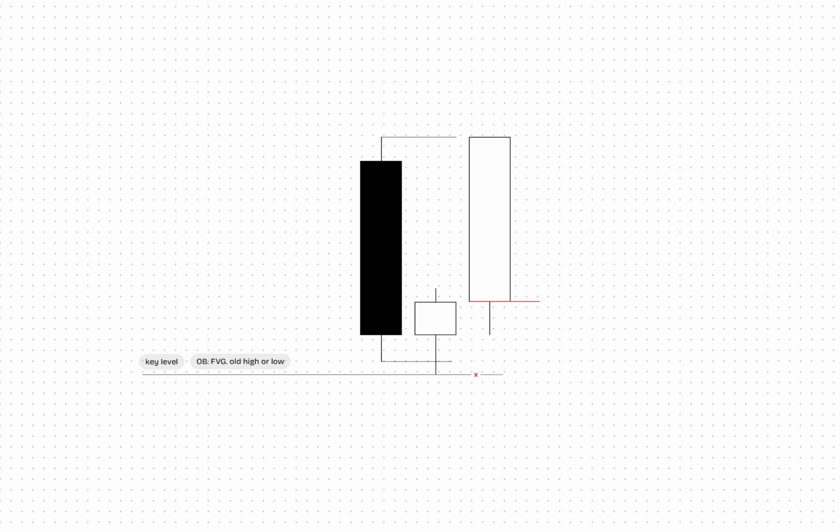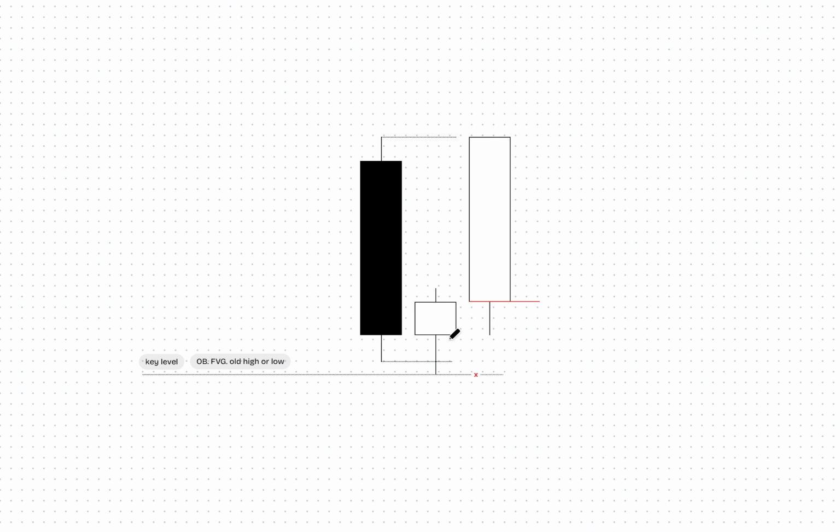Just to reiterate, it's very, very important that we have the higher time frame key level. It can be this candle that takes or taps into the key level, or it can be the manipulation candle. Once we get that manipulation, the candle that we're expecting to distribute, so the following candle, shouldn't need to come back to this low because we've already manipulated.